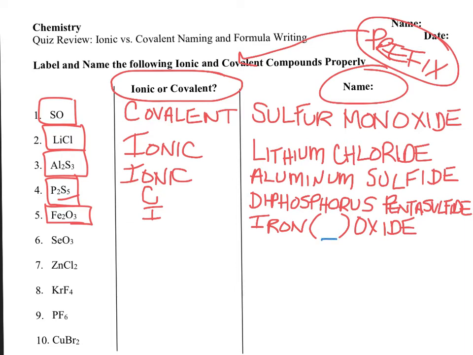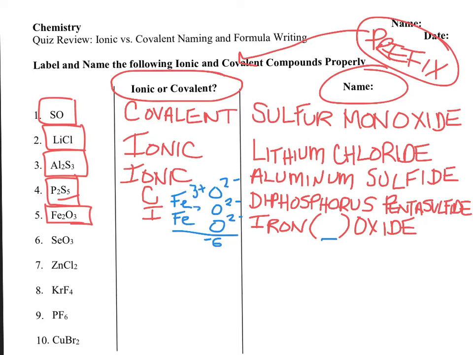Well, we can figure that out really quick. Let's do some side work. There is in this equation 2 irons and 3 oxygens. Now, I don't know the charge on the irons yet, but I do know oxygen is always a 2- charge. So if that's the case, overall, the oxygens give off a -6 charge. If that's the case, what has to be the charge on each iron in order to balance out the -6?